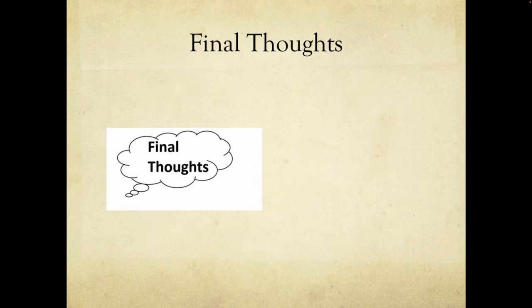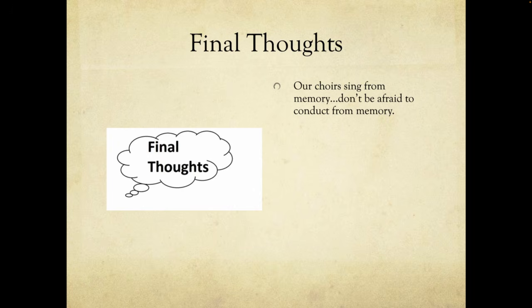As we come in here to the final portion, I want you to think about this. Our choirs sing from memory. You must conduct from memory. Be able to sell to them the idea that memory is important. We're emoting and giving our audience and ourselves an artistic product. And that fifth stage of memorizing the score is very important. Make time for score study.